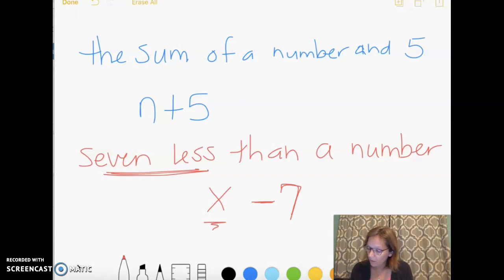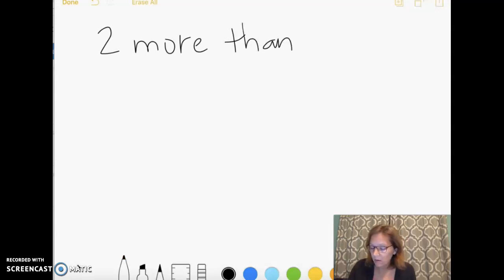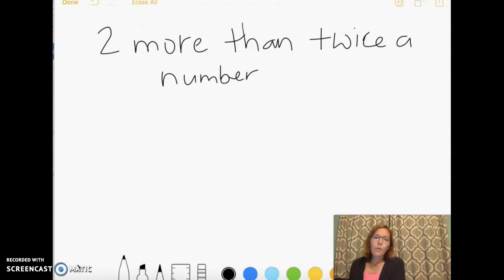And then one more example. If you see 2 more than twice a number, that would look like, now here we go again, 2 more is on the beginning.